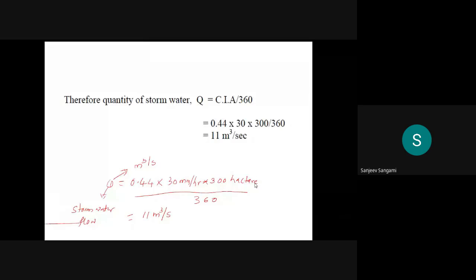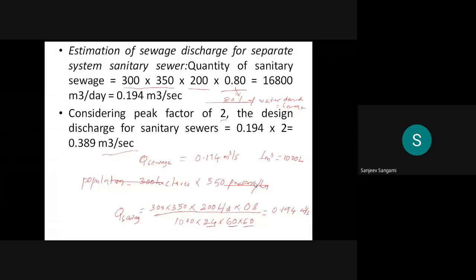Then we calculated the discharge for separate systems. There we assumed 80% of the water demand reaches the sewer as sewage. Considering the peak factor, as I already said, in the CPHEEO manual you can assume it is between 2 to 3.